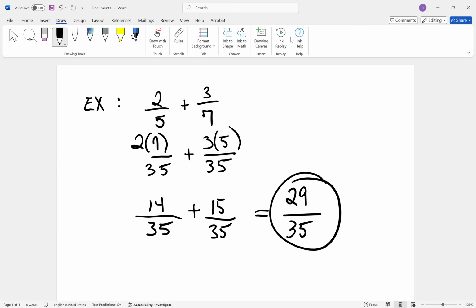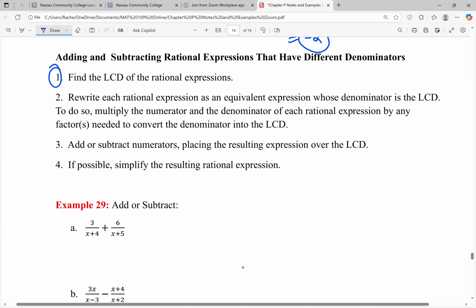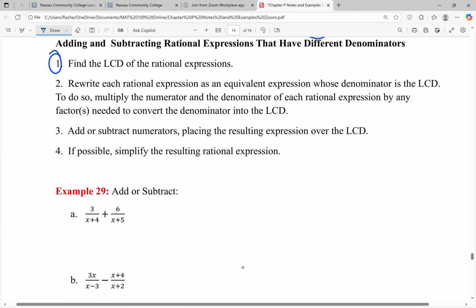So now let's apply this concept to the examples that I have. And what I just did in that example on the whiteboard pretty much follows these same steps. So the first thing we have to do is find the least common denominator of the two expressions. Then we have to rewrite each rational expression as an equivalent expression whose denominator is the least common denominator, just like we did on the whiteboard.